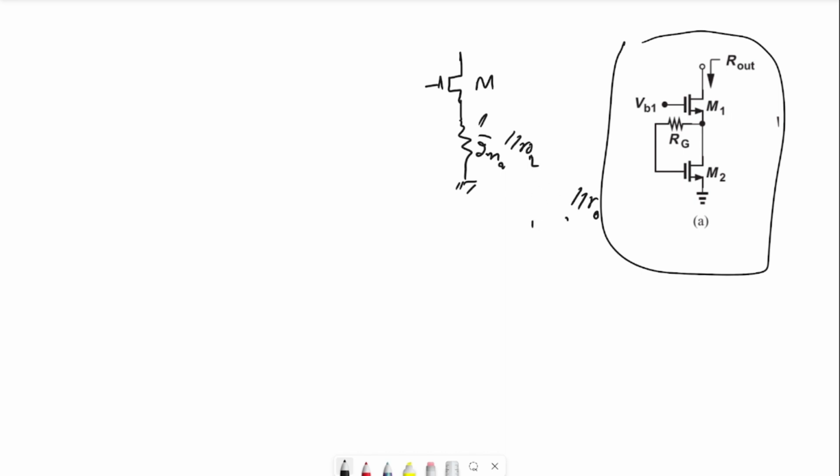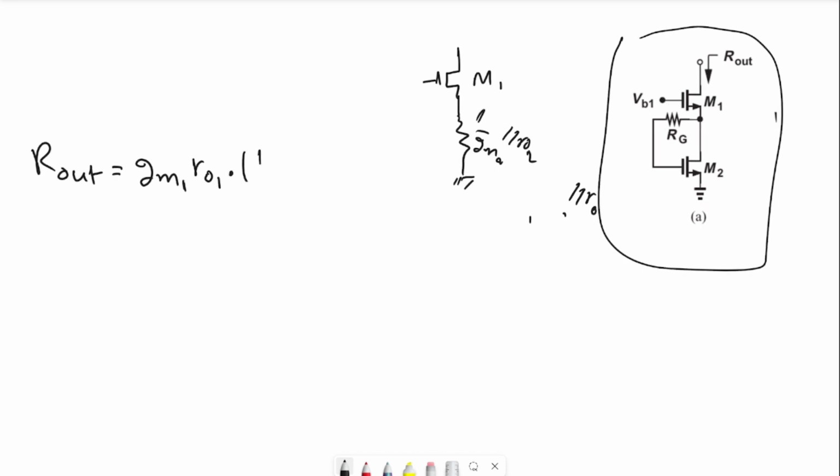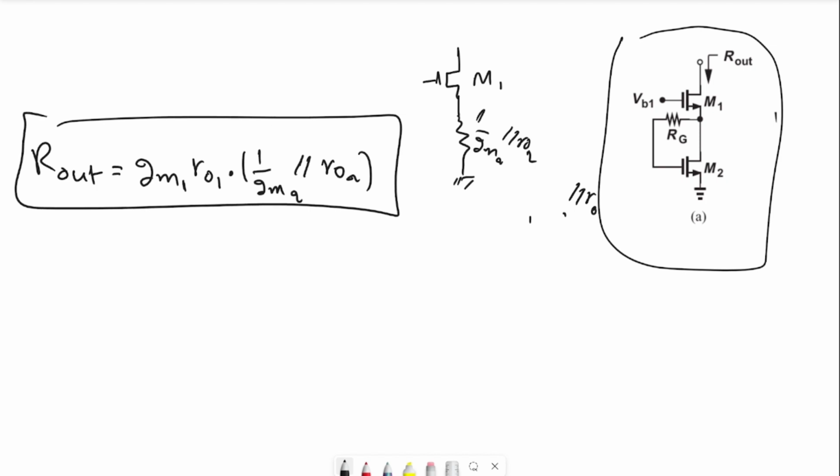So Rout is just gm1, the main transistor, times ro1, times the degenerating resistor, which is 1 over gm2 in parallel with ro2. Very simple, without doing the pi model or T model every time.